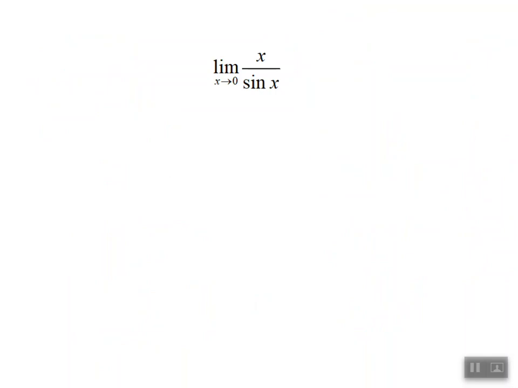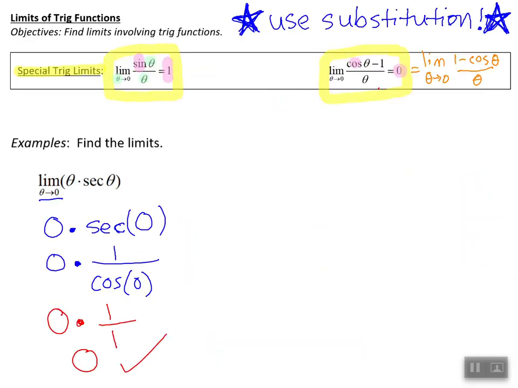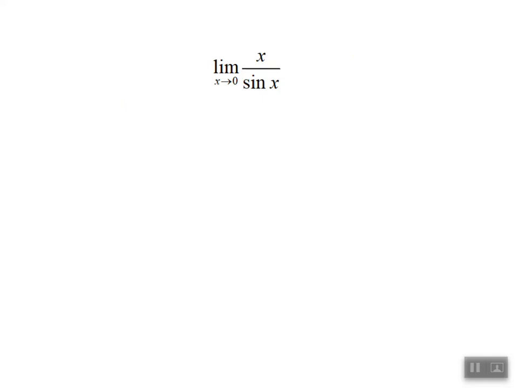How about this one? Limit as x approaches 0 of x divided by sine x. Well, that looks awfully close to the special trig limit sine x over x. And of course, the x is going to 0. But it's not exactly the same. Well, let's think about this.